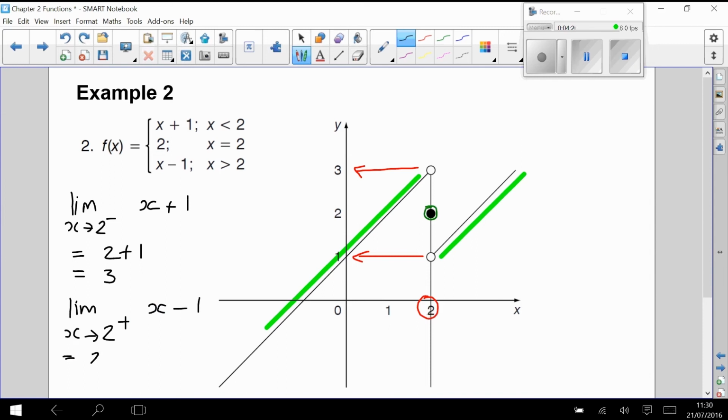If I now substitute my 2 in over here, I get a height of 1. And so without even looking at the diagram, I could have seen, because I did not reach the same height, that there is no limit in this particular example when x is going to be 2. There is a limit at all the other x values. My only problematic area was when x was equal to 2.